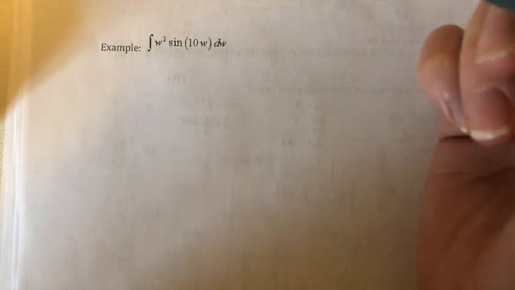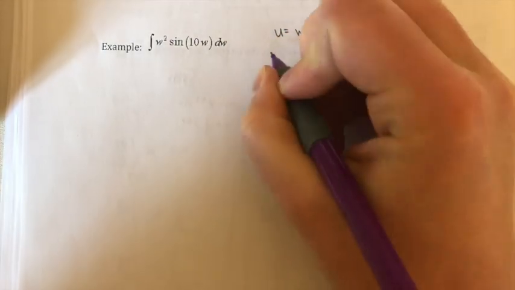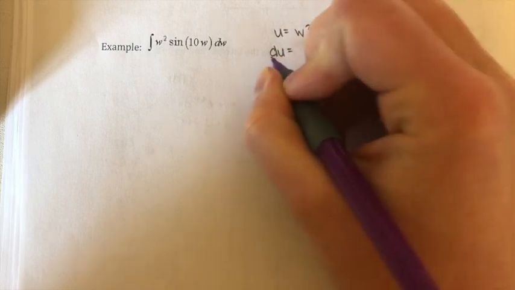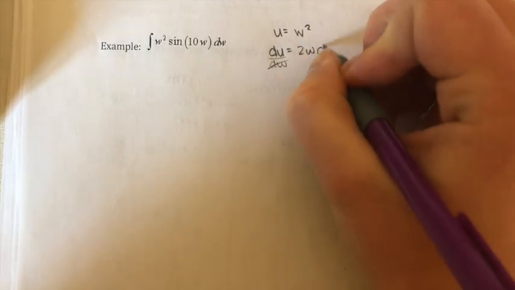So sine and cos are a really good dv, because doing the integral of a sine or cos, generally you're sticking with like one term. It's pretty nice. So we're going to say u is w squared, because then we know du, which would start with that dw under there, is 2w, and then that dw would move up there.